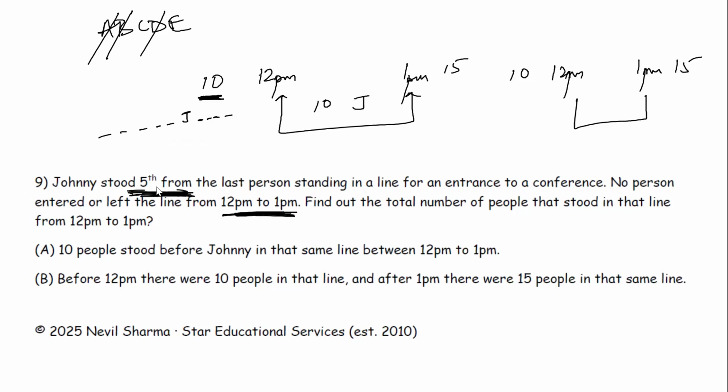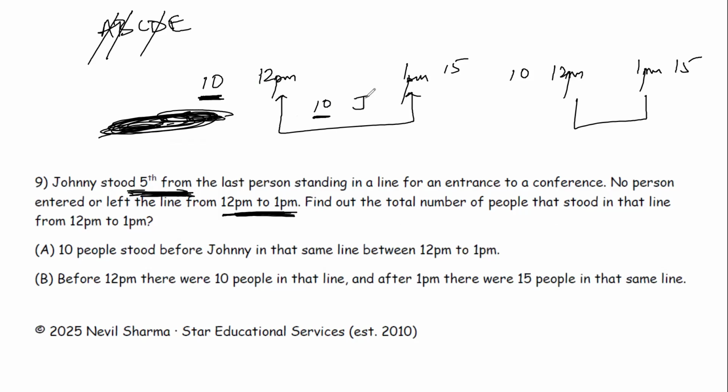But when you look at 12 p.m. to 1 p.m. information, there are 10 people before Johnny. So clearly this fifth from the last cannot be before 12 p.m., because the number of people in front of him should reduce. But it has clearly become 10 from 12 to 1. So the fifth from the last option is out to be before 12 p.m. That's all I'm saying.